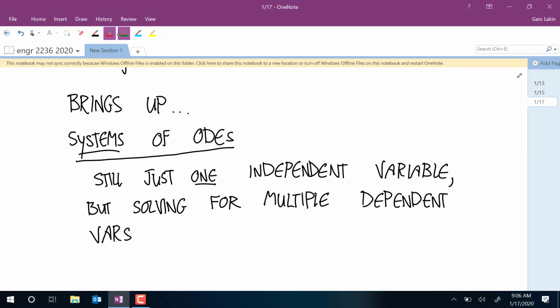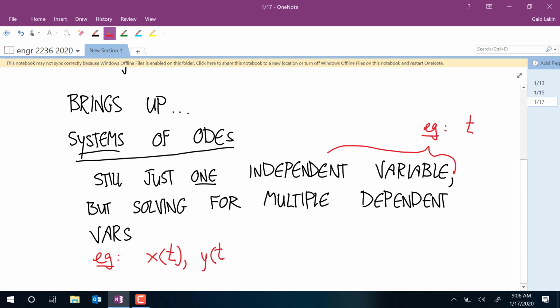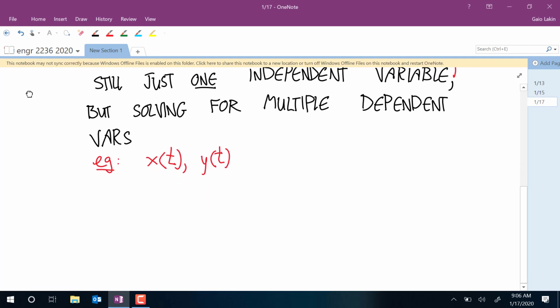So if the independent variable is, for example, let's say t, that's what it's always going to be for us in this class. Then the dependent variables in this class are most often going to be functions like x of t and y of t, maybe z of t. So that's how it'll appear in this class. So, can we solve these?